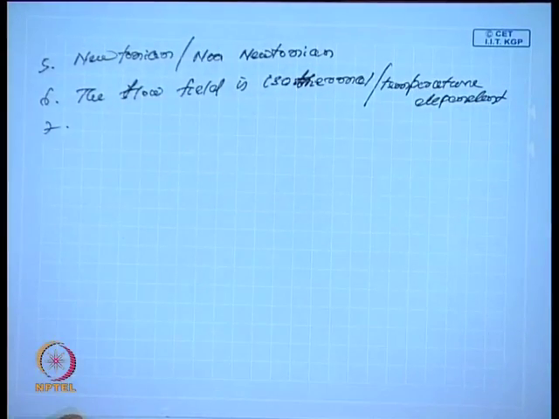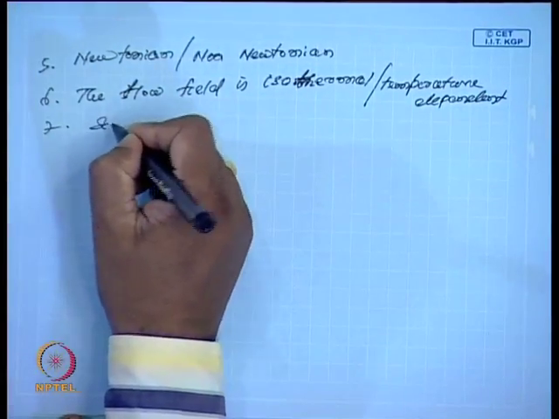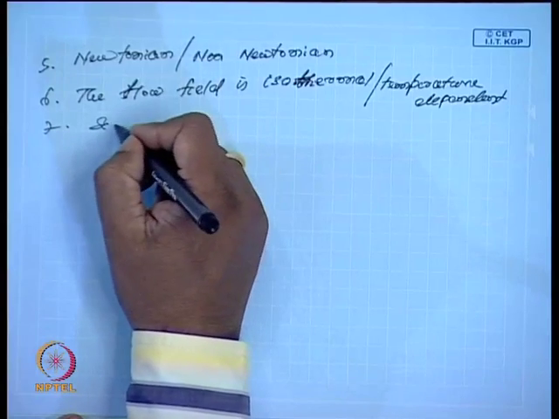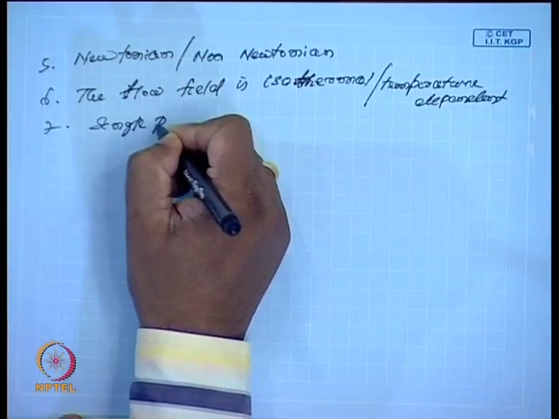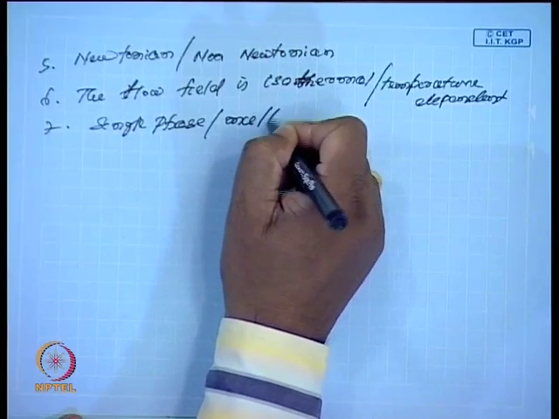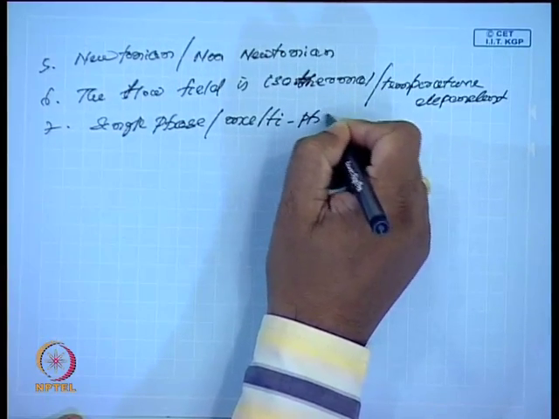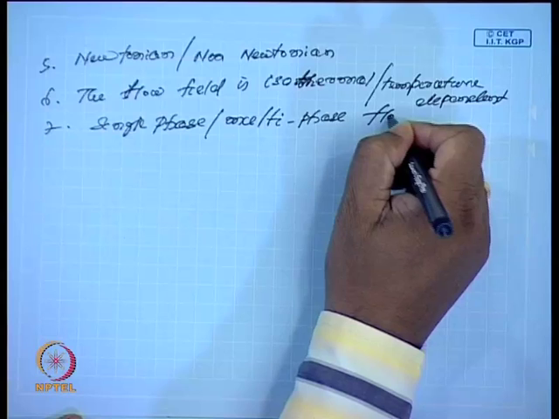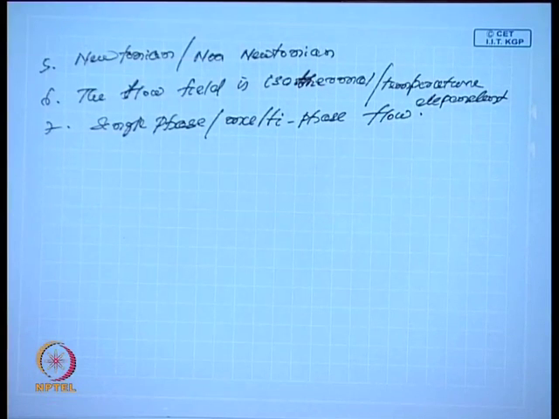Another type of flow can be single phase or a multi-phase flow. So, these are some of the various characteristics, and when you look at the degrees of complexity, these are various types of flows they can be.